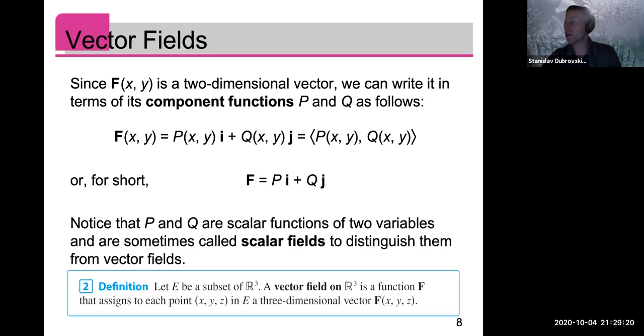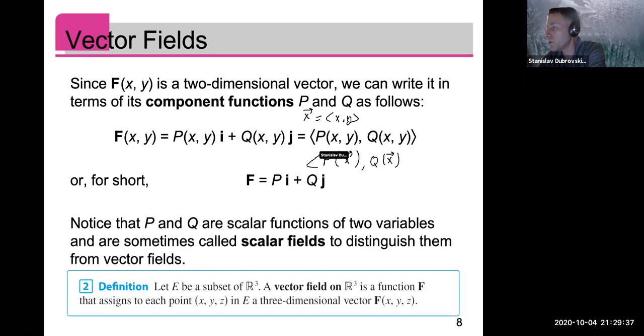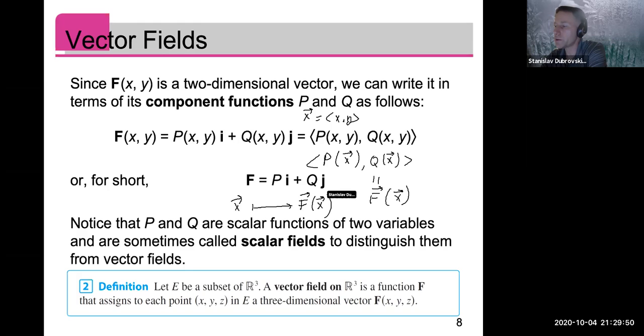Or we can instead associate x, y with the vector x, and write it like that, p of x comma q of x, functions of a vector input, or even F as a function of a vector input. So we get a vector input, and this function gives us the vector output, from vectors to vectors.